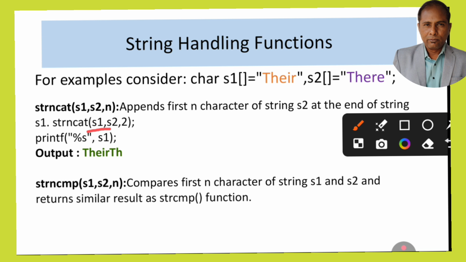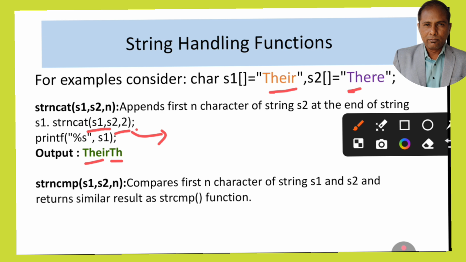So n is the number of letters you want to combine with s1 from the s2 string. For example, S1 string is capital THEIR. Now I am writing S2 comma 2, which means it will take two letters from the string S2 and combine them with S1. So this is capital THIR, capital TH.